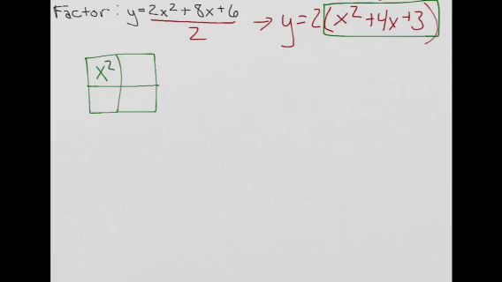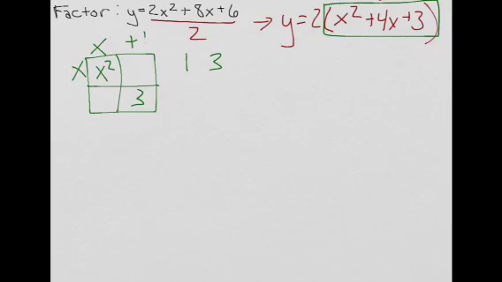We've got x squared and our important part, and that comes from x and x, and our important part in this one is the 3, which is our c value, and that goes down here. So we got to look at numbers that can multiply to give us 3. Well, it's 1 and 3. Since there's no negatives, don't have to worry about anything else.